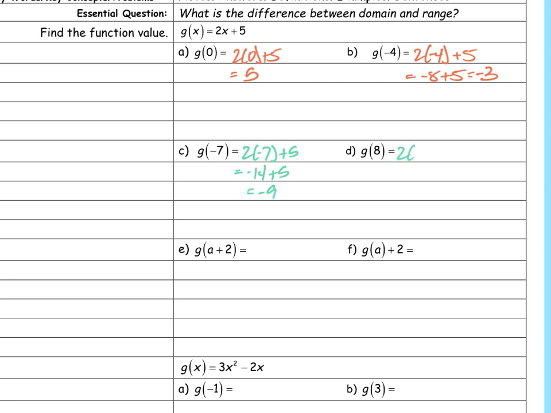And then we've got 2 times 8 plus 5, which is 16 plus 5, or 21. And then we've got 2 times a plus 2 plus 5, which is 2a plus 4 plus 5, or 2a plus 9. Almost all of you guys got all this right, by the way.